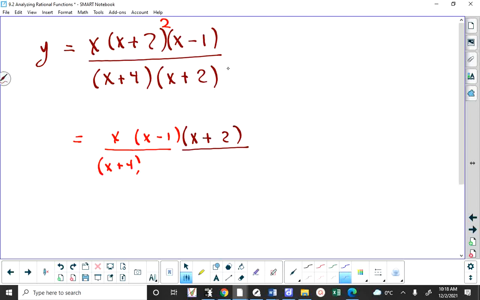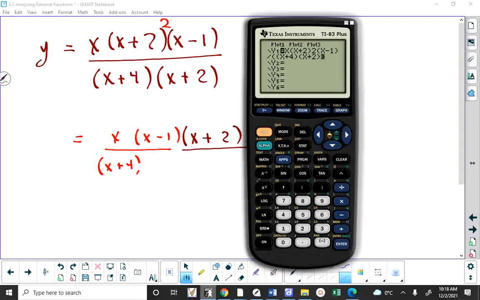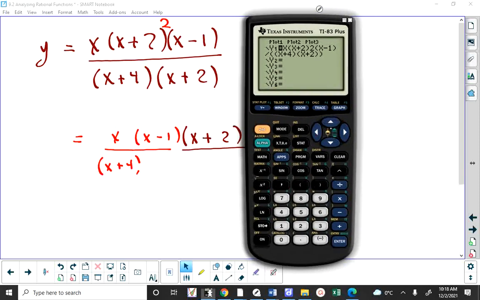So if we take a look at this graph, did I square the top? No, I did not. So do I have my asymptote at -4? Yes. Now, what's going on at -2? It looks like an x-intercept, doesn't it? It really does. It's a pretty wild graph.